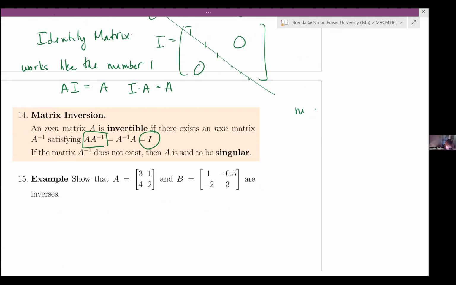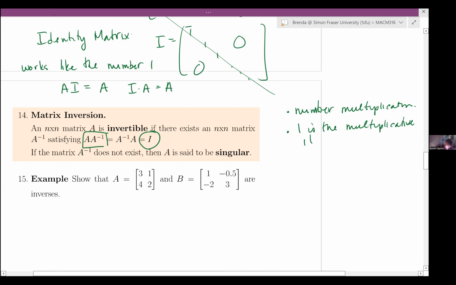Let's see the analogy with number multiplication. We haven't always been as precise in our language when talking about numbers, but for numbers, 1 is the multiplicative identity. For example, 5 times 1 is 5.